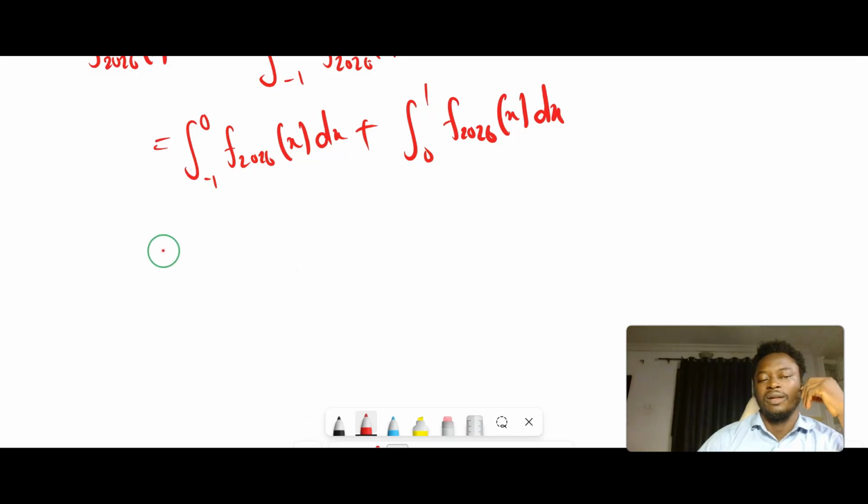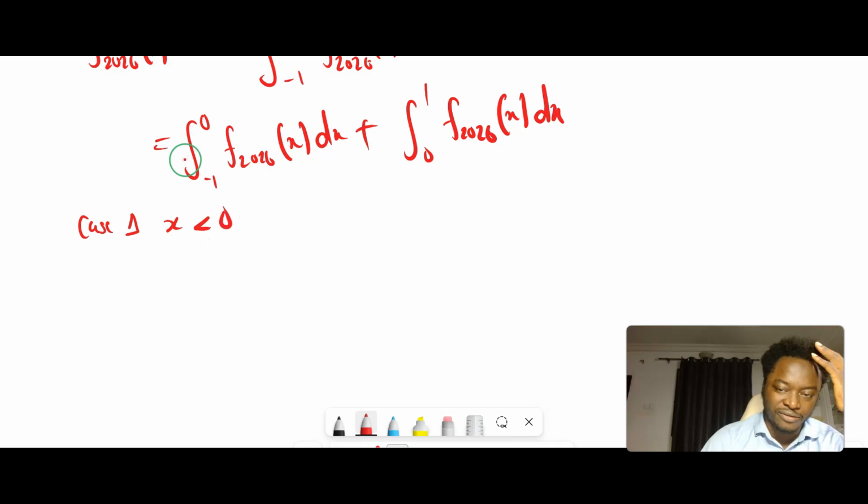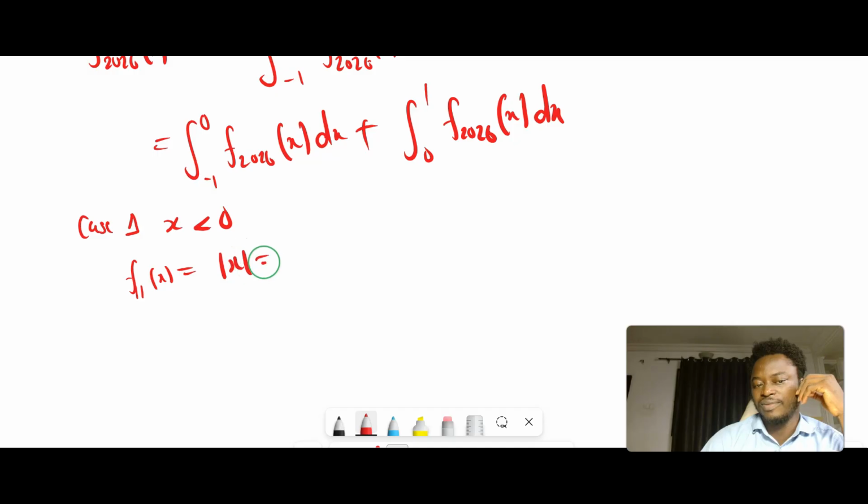Okay, case 1, let's say x being less than 0, on this first part. Then f sub 1 of x, which is the absolute value of x, will basically be negative x, because x is less than 0.